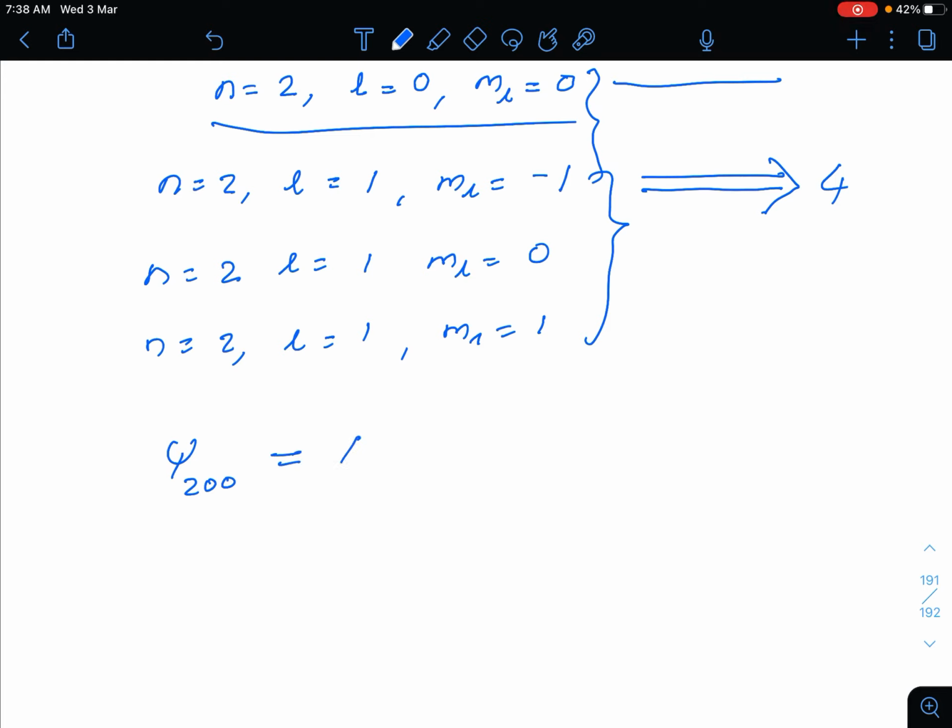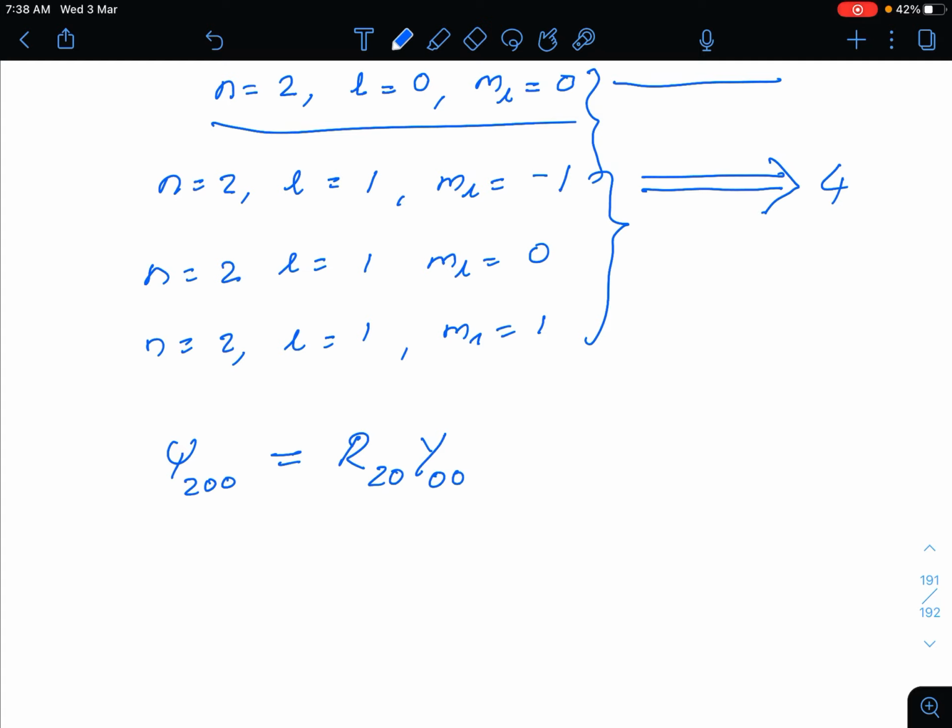I can write a radial part, R 20, and the Y L ML, that is Y 0 0. Am I right? So this is actually the 2s state.